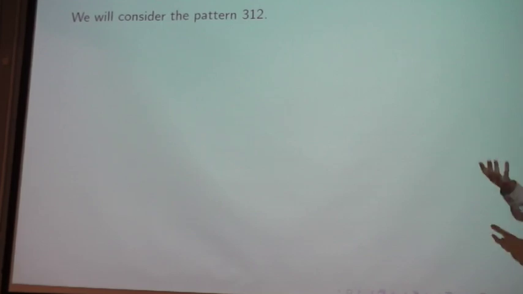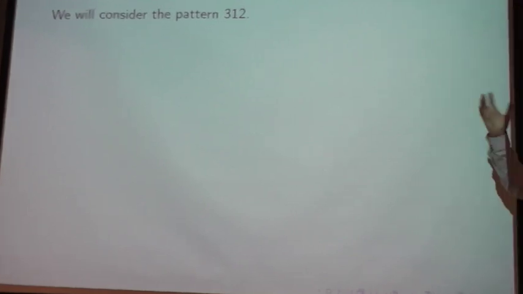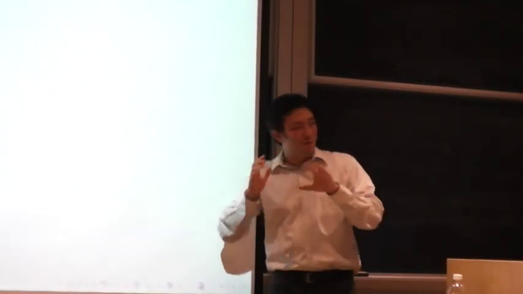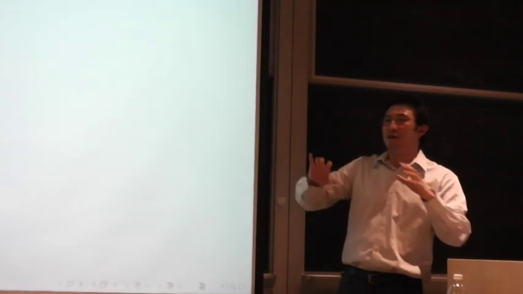This particular portion will focus specifically on the pattern 312. This is equivalent to the pattern 132, but for the purposes of the methods here, looking at it as 312 is more convenient.